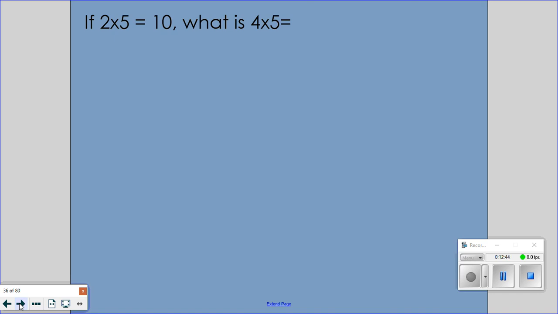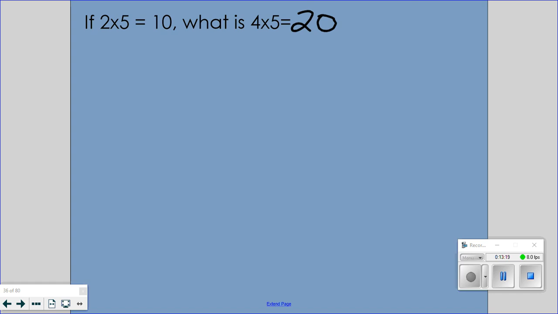Because I just doubled that first number. Macklin's saying, if I've got 2 times 5, which is 10, I'm going to have to do another 2 times 5 to get 4 groups of 5. 10 plus 10 is 20.